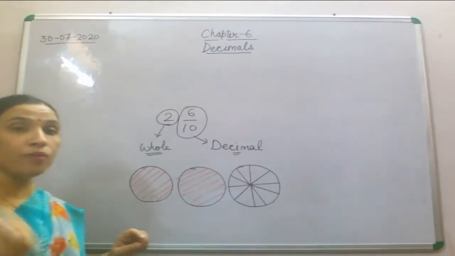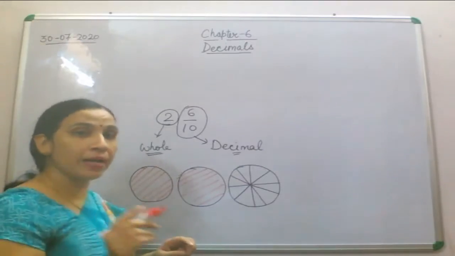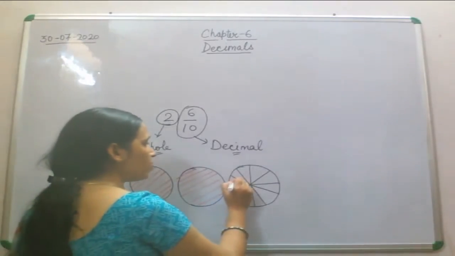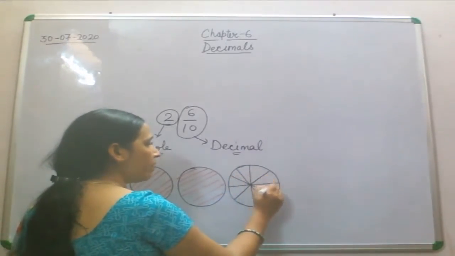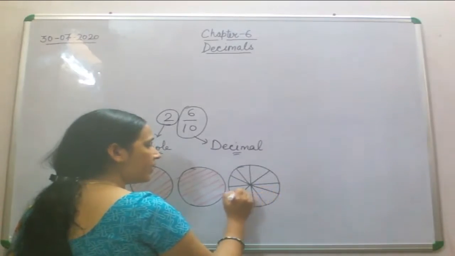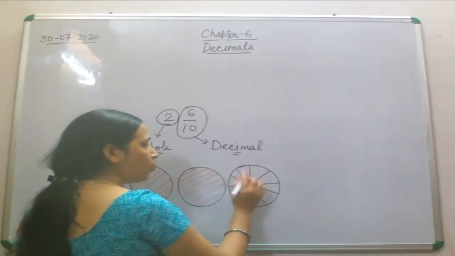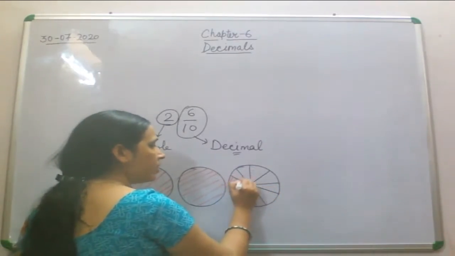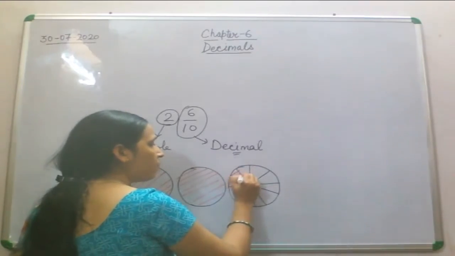Now if I talk about this 6/10, it means out of these 10 portions, 1, 2, 3, 4, 5, 6, 7, 8, 9, 10, you have shaded 6 portions.